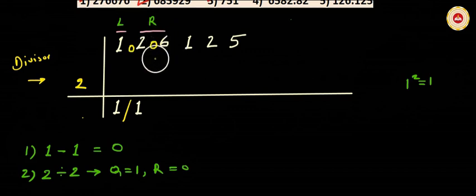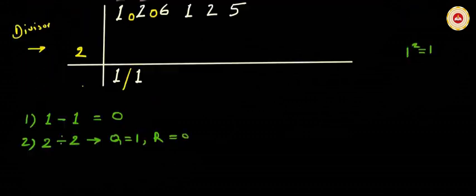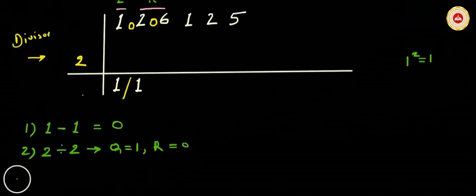Now this 6 is our gross dividend. We are going to calculate the net dividend out of this gross dividend. Now you know how to calculate the net dividend. Step number 3.